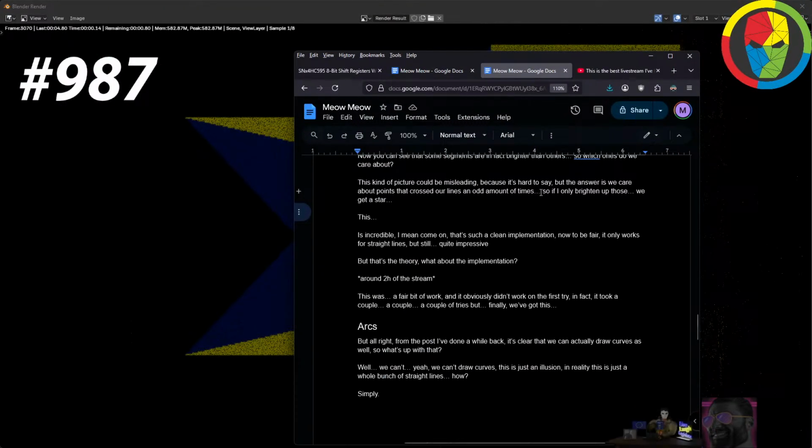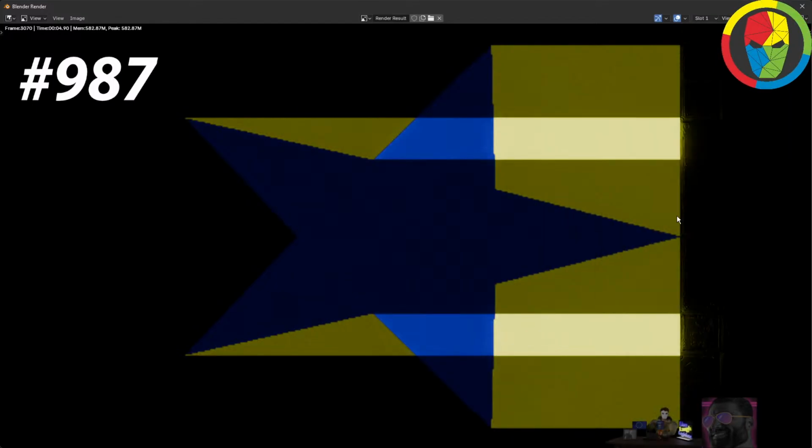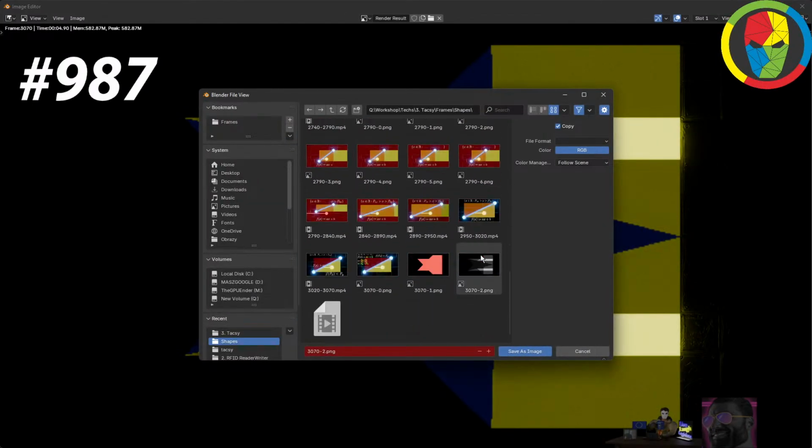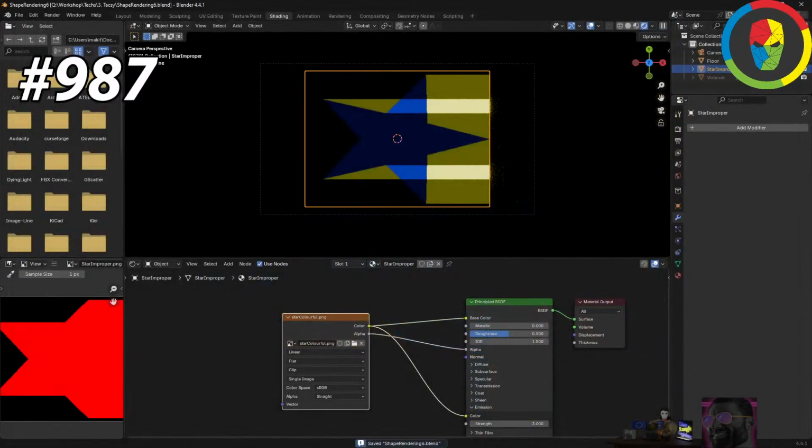My point goes all the ones of times, and switch right here. I'll color in blue, and the even ones yellow. There. We get a star. Beautiful.